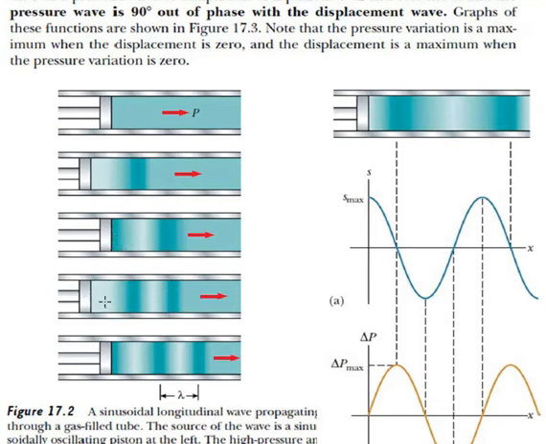Similarly we keep producing compressions and rarefactions periodically, and those compressions and rarefactions will move through the gas to the right side. These will move with the speed of sound.